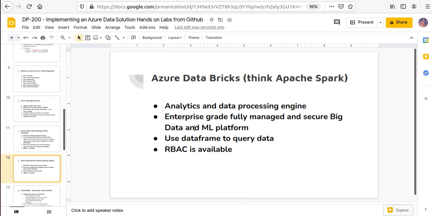Spark is an analytics and data processing engine, and it's an enterprise grade, fully managed and secure big data and machine learning platform. So you can use Spark to query your data, and again with Apache Spark on Azure Databricks, your RBAC is available.